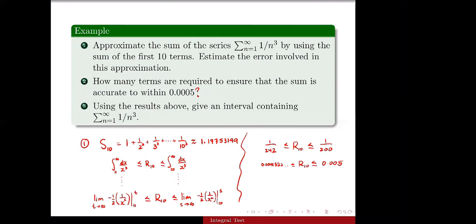So your R10 must be between these two numbers. So this is for number 1.